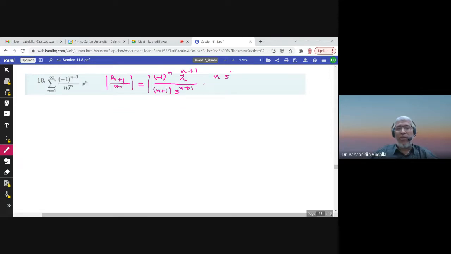So I have n times 5 to the power n up, and -1 to the power n minus 1 times x to the power n. This will be cancelled with this, and I'll have -1 here or there, it doesn't matter, okay? Because this is n minus 1, and -1 to the power n minus 1 times -1.